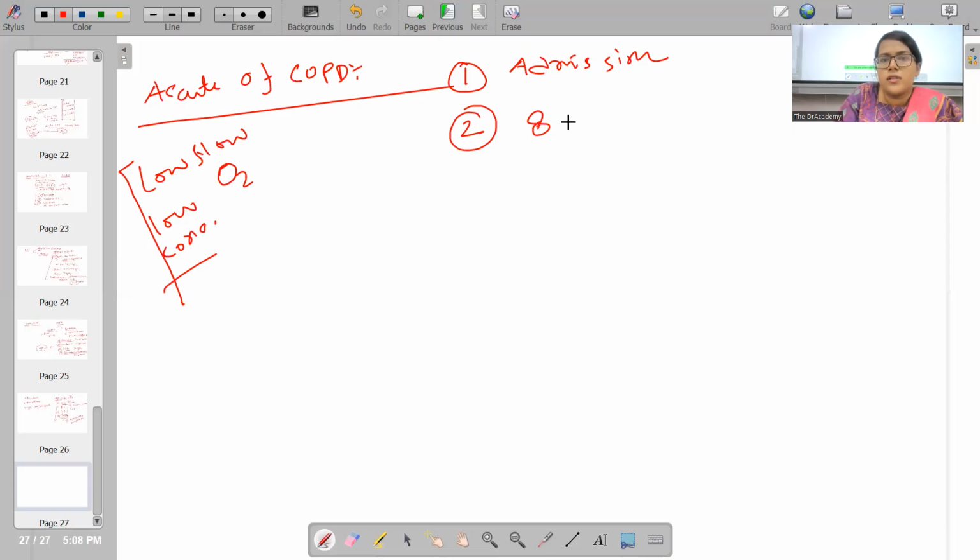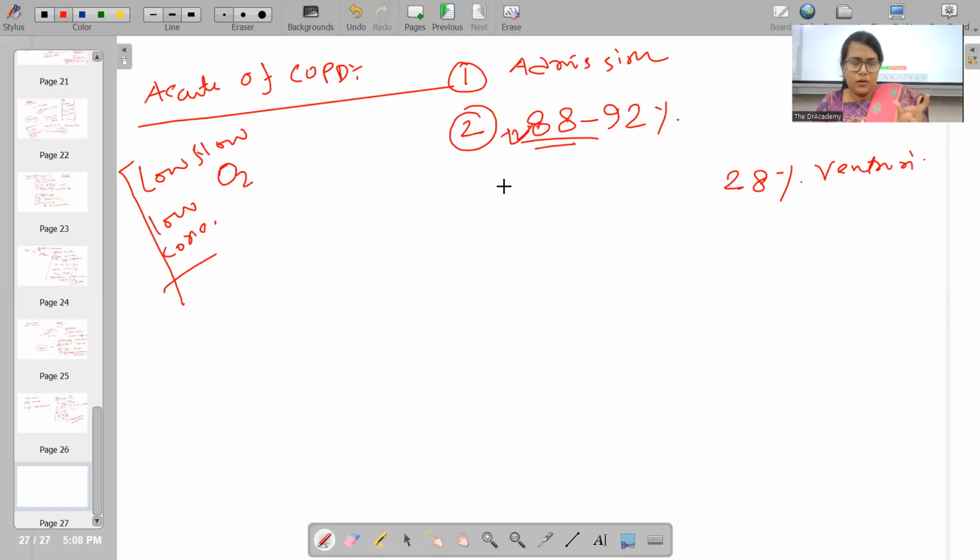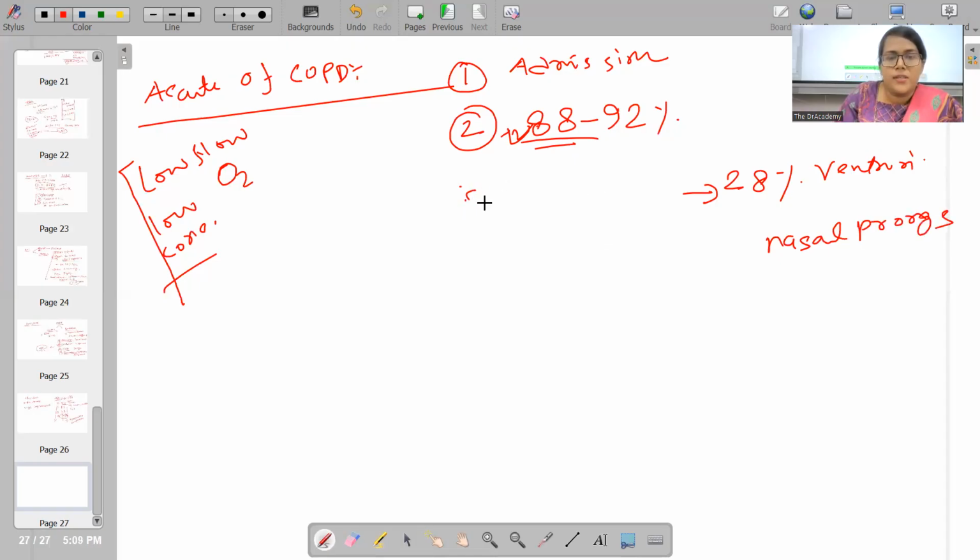So your oxygen saturation level should be 88 to 92%, not more than that. Initially, it should be given by 28% venturi mask to maintain this oxygen saturation level. And in some individuals, they can also provide this through nasal prongs as well, depending on the availability. But venturi mask is preferred, of course.